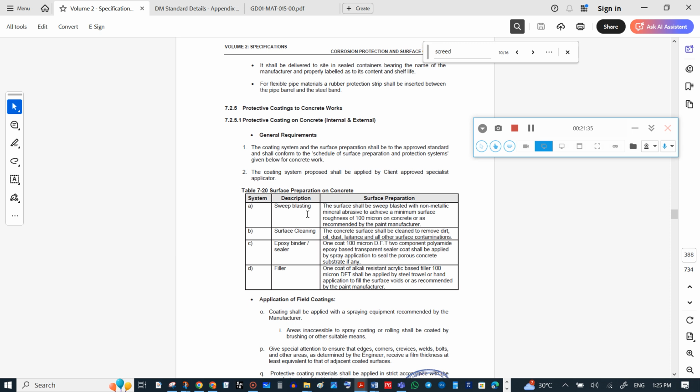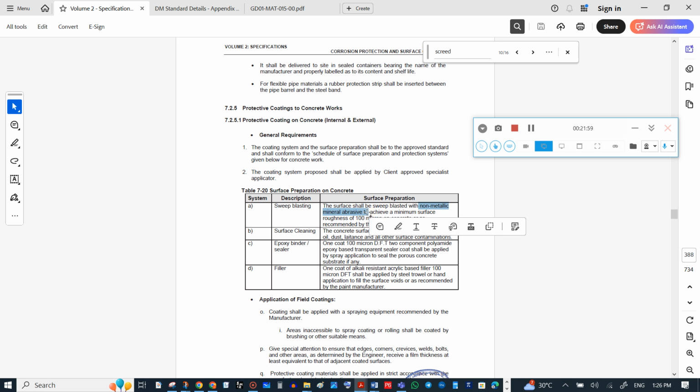But they had to employ the sweep blasting because we required a surface roughness of 100 micron on concrete. So we have to note sweep blasting here perfectly.